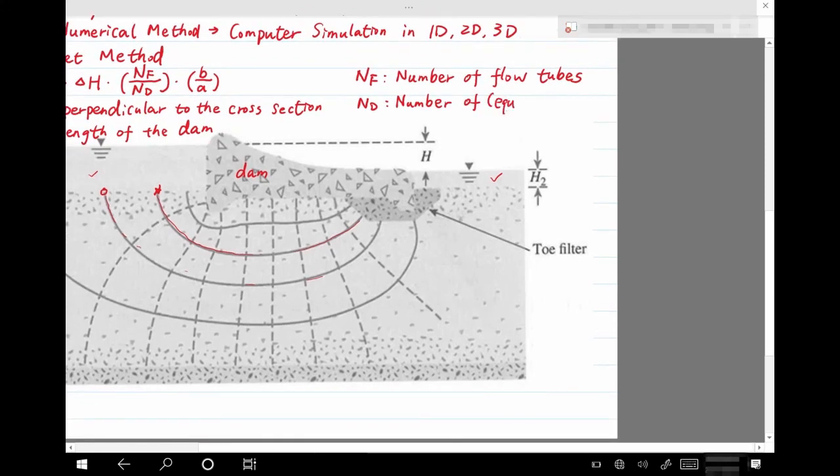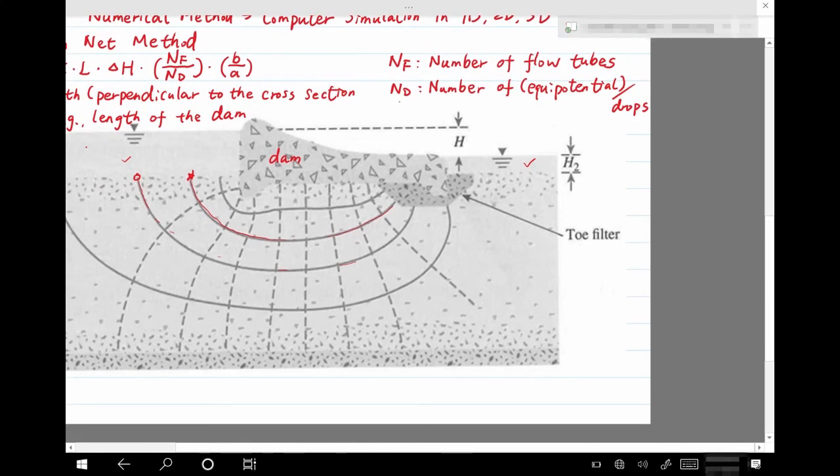It's the same thing. And B over A. The meaning of B over A is two dimensions in the flow nets, so I'll show them later. But usually this one equals 1. When we are drawing the flow nets, usually we assume B over A ratio equals 1 to simplify the calculation.